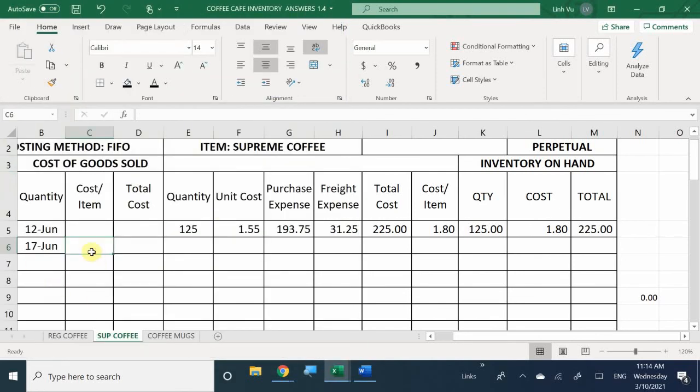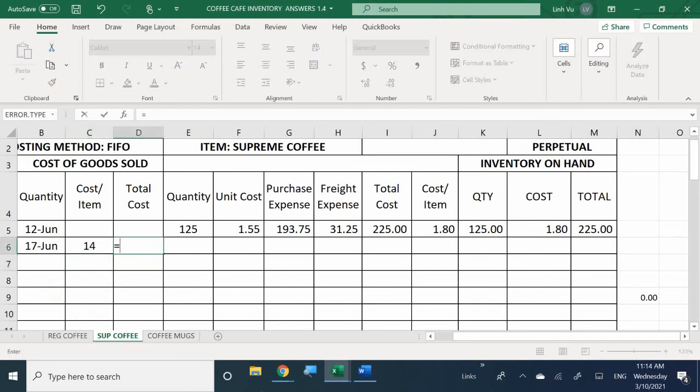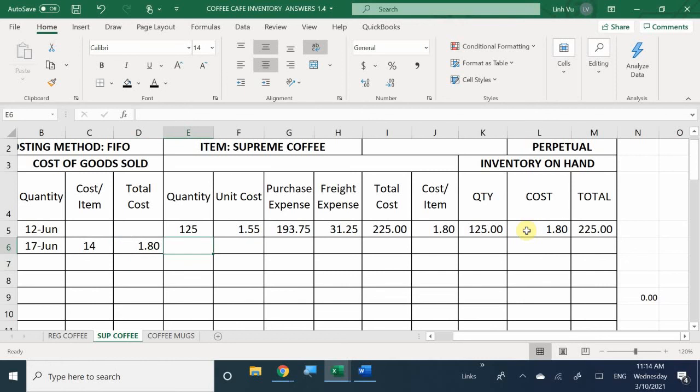I used 14. Same idea here: if we take a look at the cost of each pound, it's an even $1.80, so I don't need to do an equal round here either. I have an even amount of the cost per item.